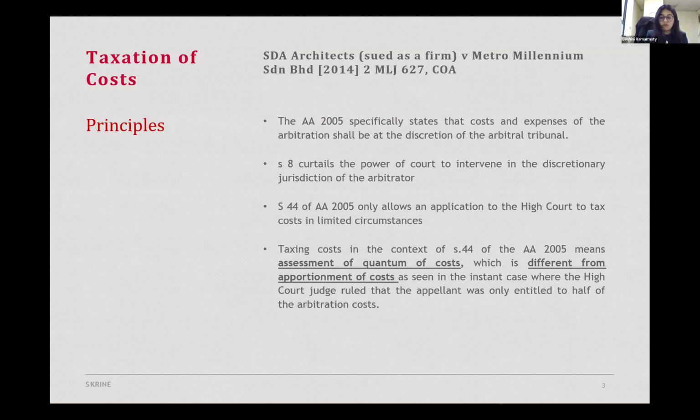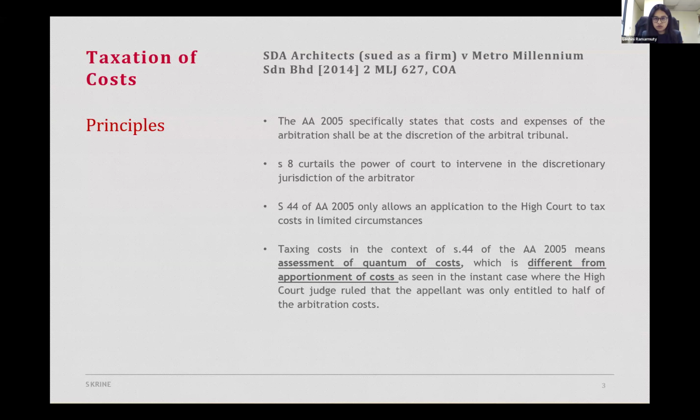And Section 44 of the Arbitration Act in particular only allows an application to the High Court to tax costs in limited circumstances. So what the court was basically saying is that the discretion to award costs lies with the arbitral tribunal, unless, of course, parties agree otherwise.